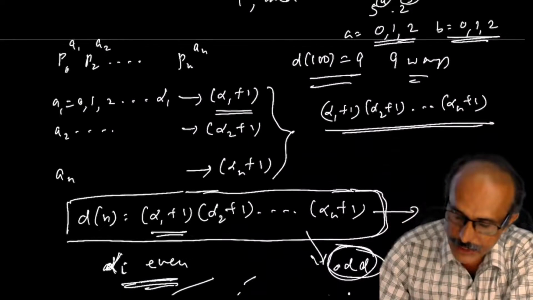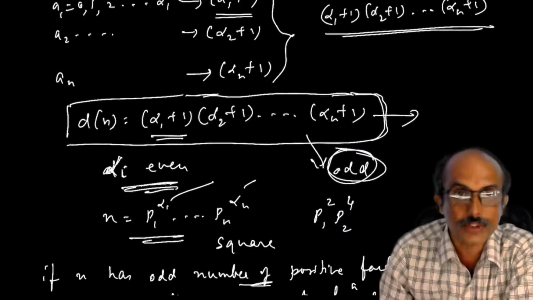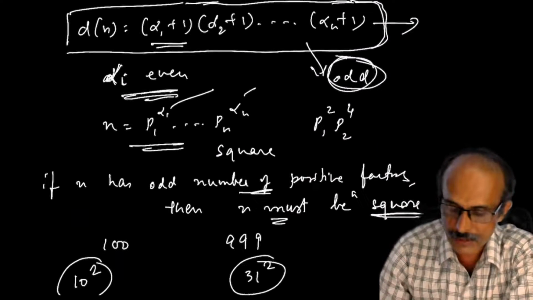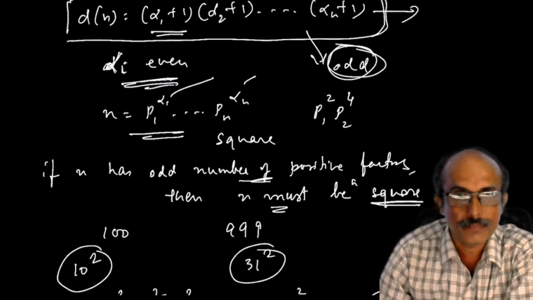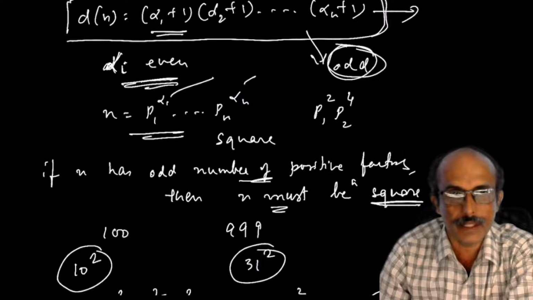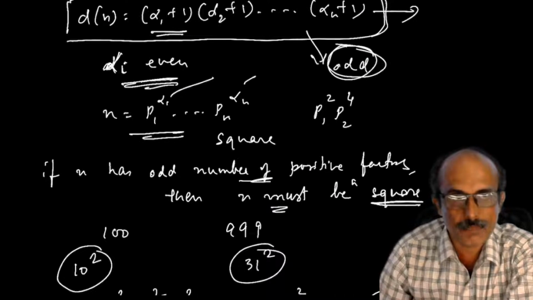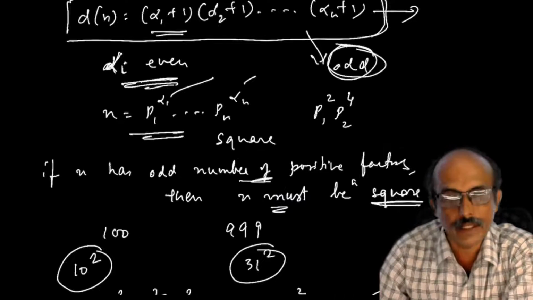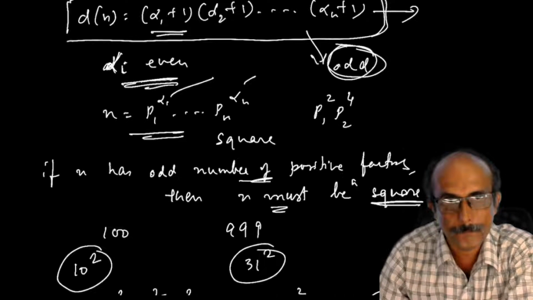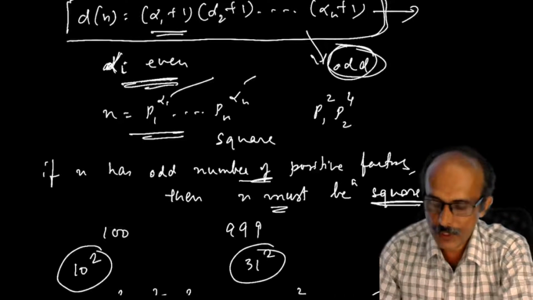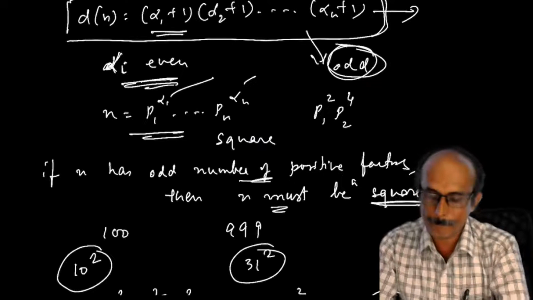So knowing that it is a square will help you to compute the number of such numbers. So we are simply calculating the squares present between 100 and 999. Okay, so this is the solution.